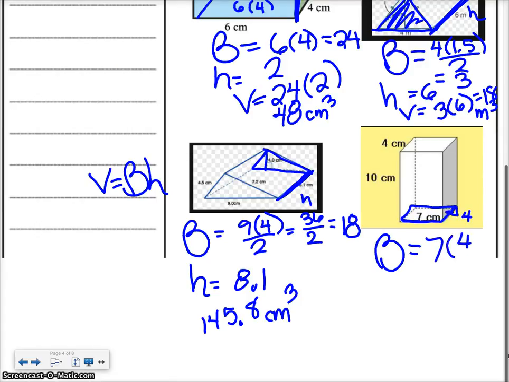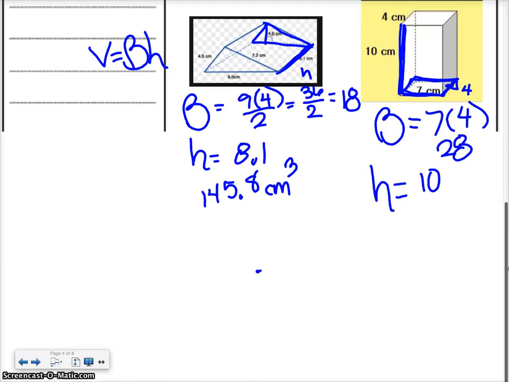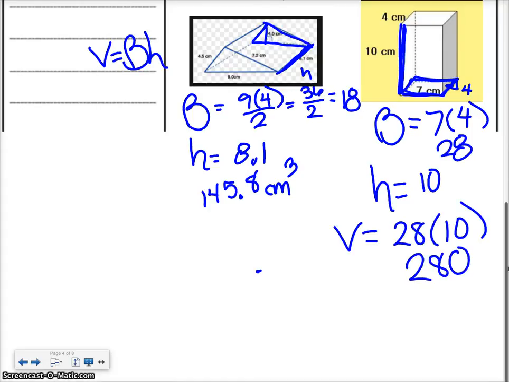So 7 times 4 is 28. Then height connects the two parallel bases. I'm using the bottom as the base, so my height connects me to the top, which is 10. Then my volume is 28 times 10, 280 cubic centimeters.